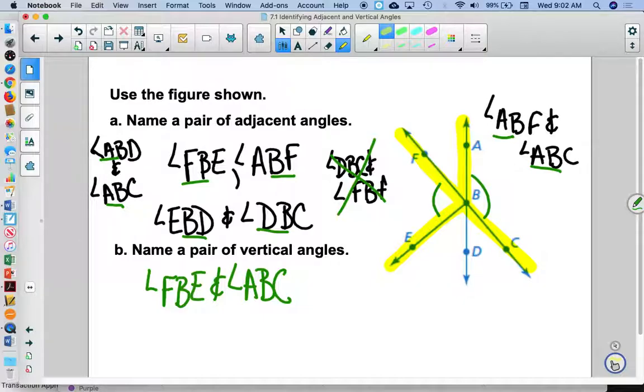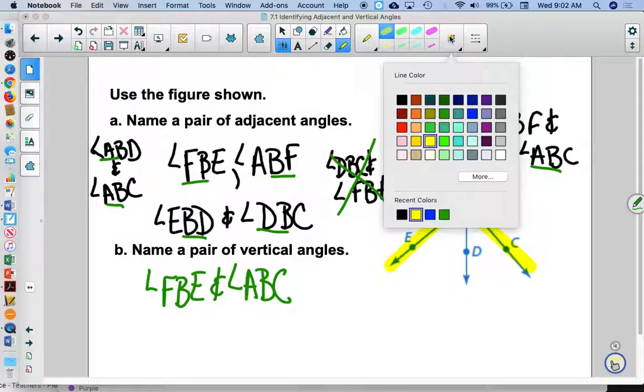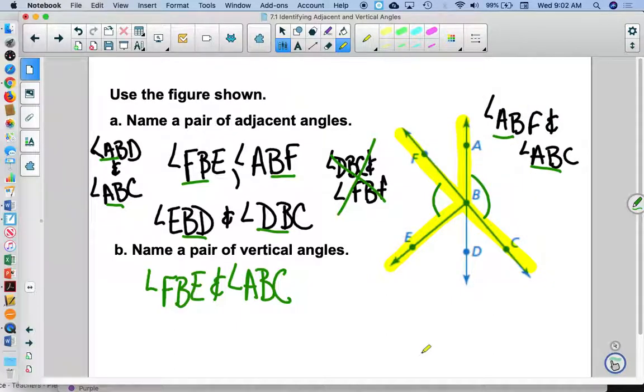Opposite and congruent. Okay, Zane. FBD and ABC. Yep, I agree with that. Let's see if I can get another color. So we're saying FBD and ABC. Okay?